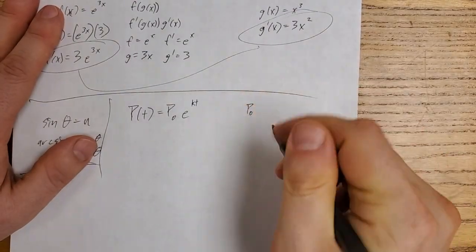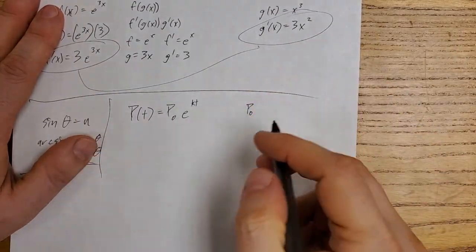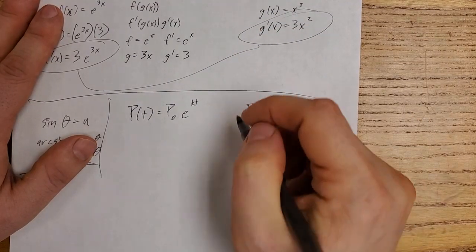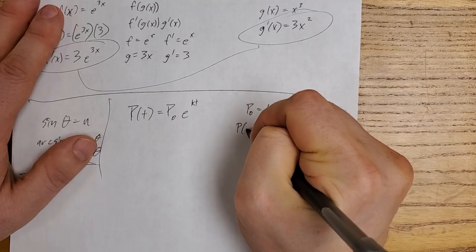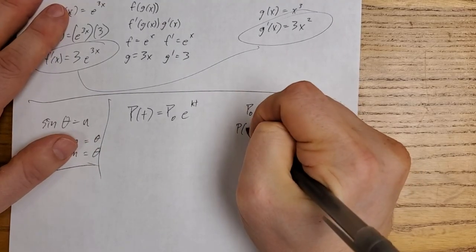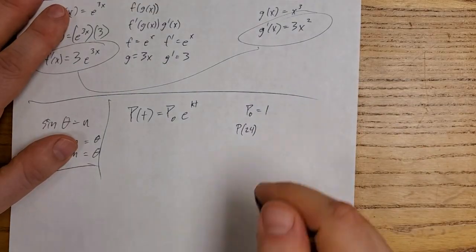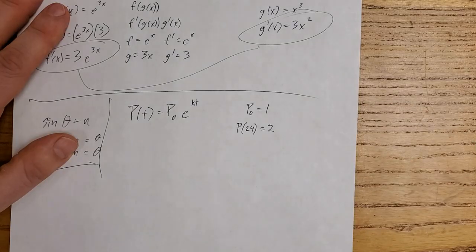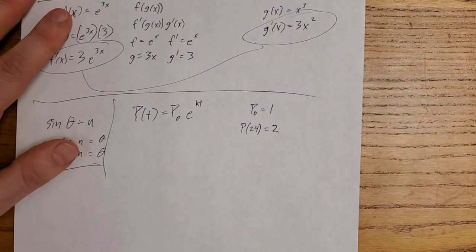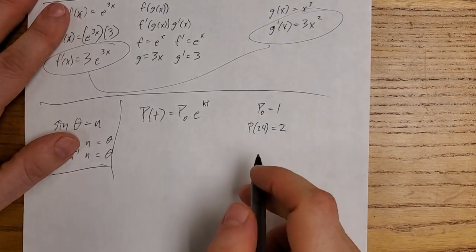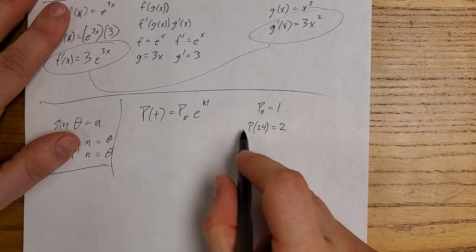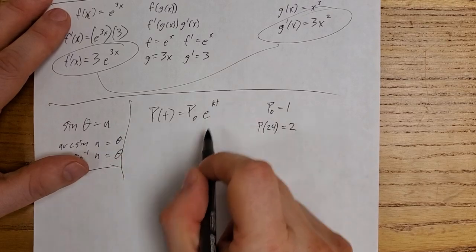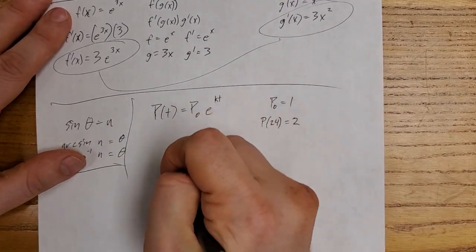So your starting population at t equals 0 is going to be 1, and it doubles every 24 hours. So at a t of 24, it equals 2. So from that, we get P of, well, if t is 24, we can fill things in.